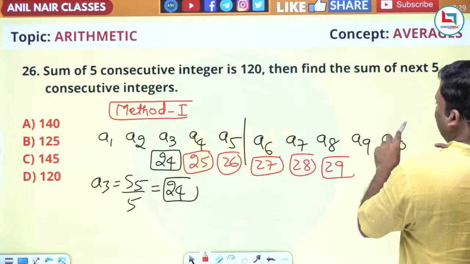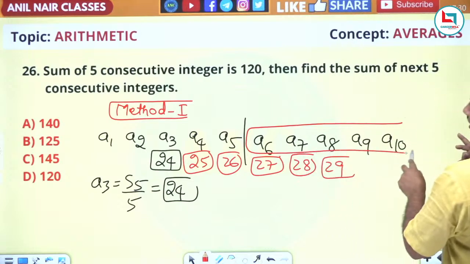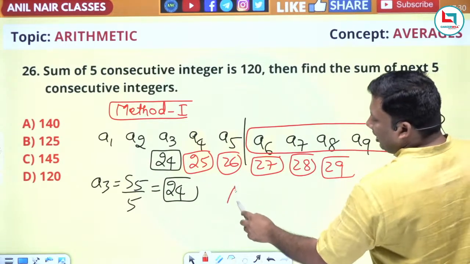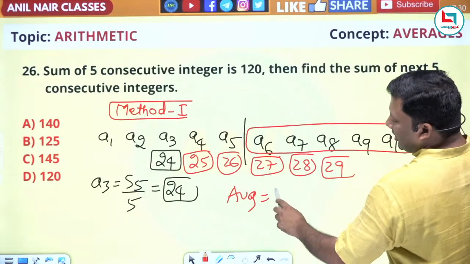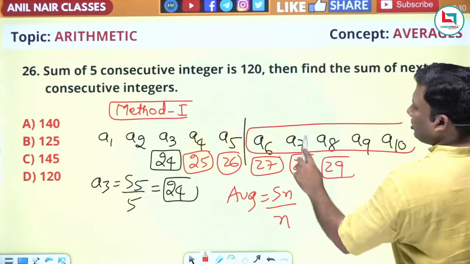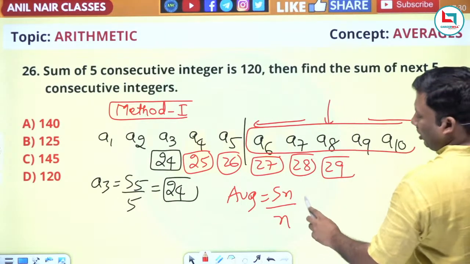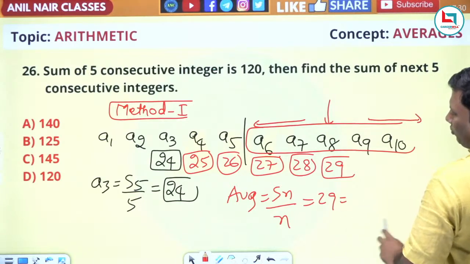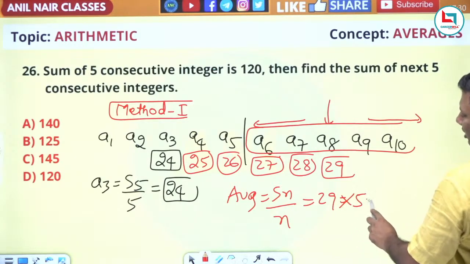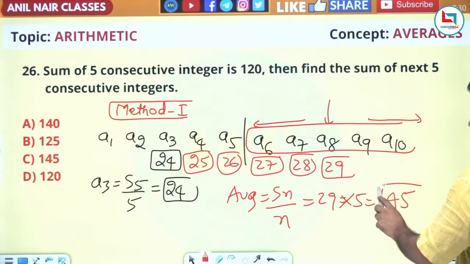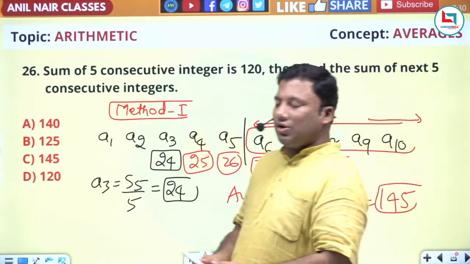Sum of next 5, I require the sum for this. Average is equivalent to Sn by n. Average of this is 2 to the left, 2 to the right, middle value 29, into 5. That will be the answer, 145. Very, very easy question.